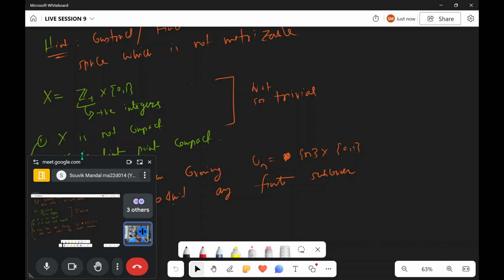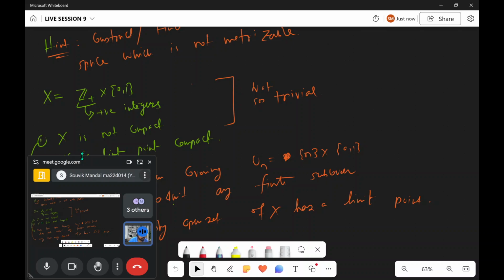And second is that every non-empty open set of X has a limit point. So this is the second one. So what is the first argument?